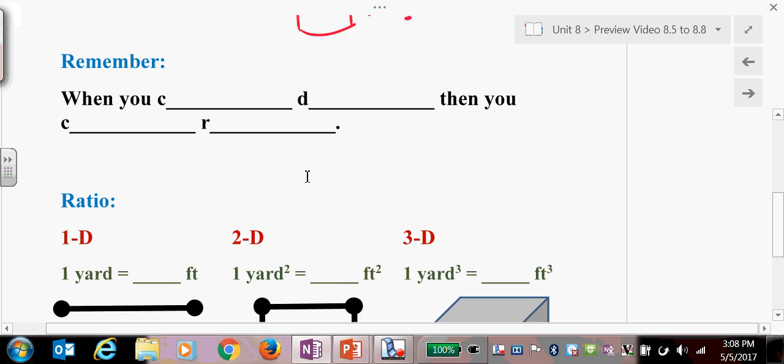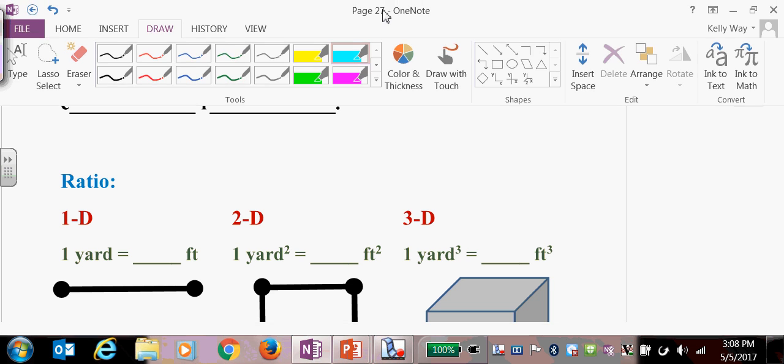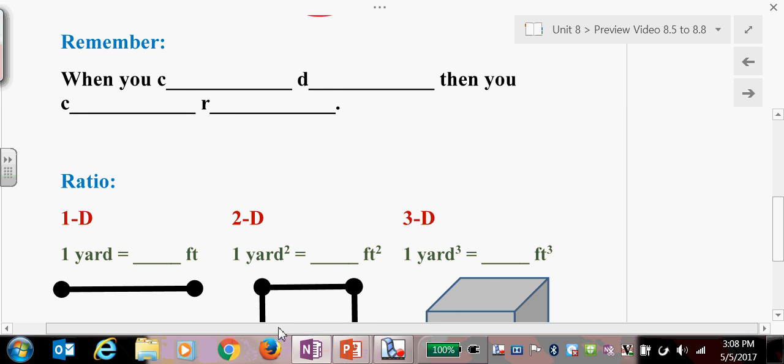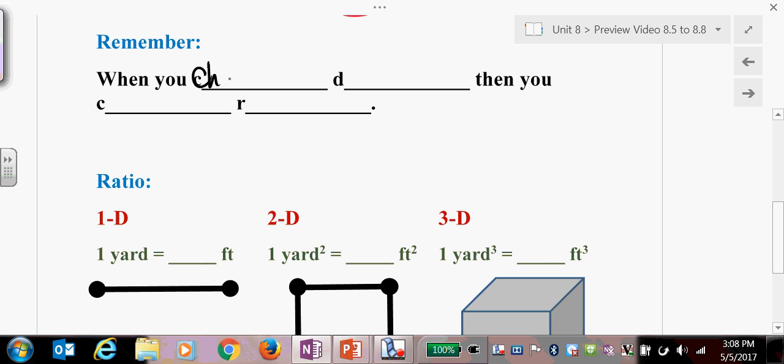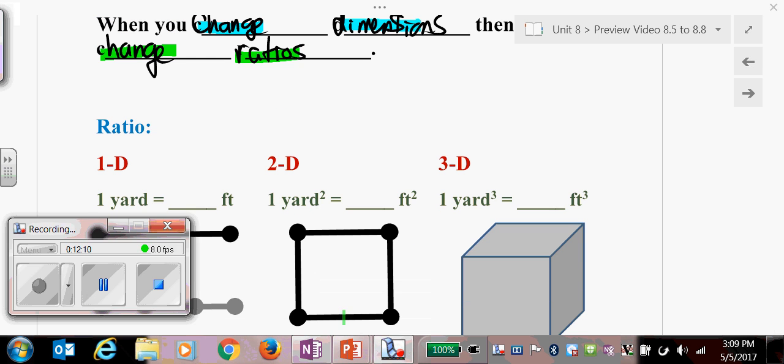Here's a very, very simplistic but important concept. When you change dimensions, you change ratios. This happens when you do unit conversion. Watch very, very carefully.